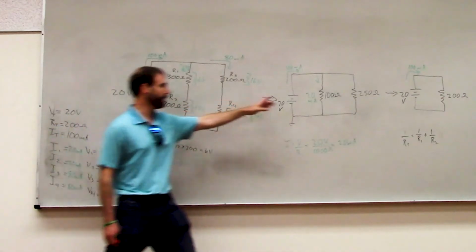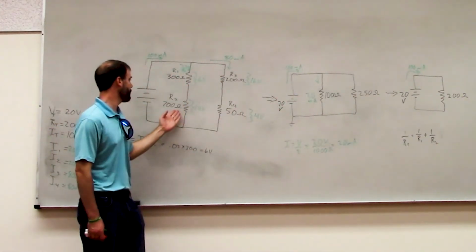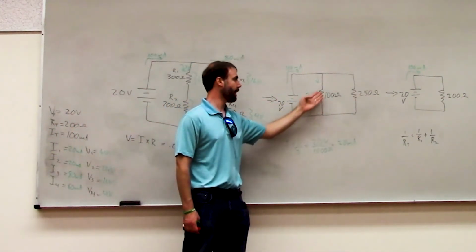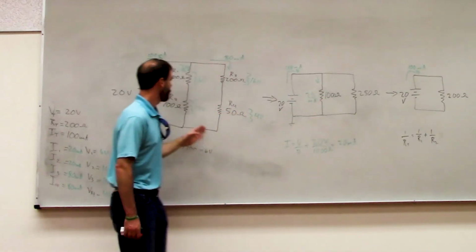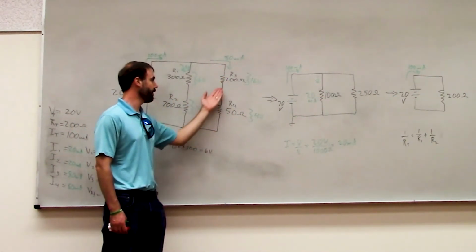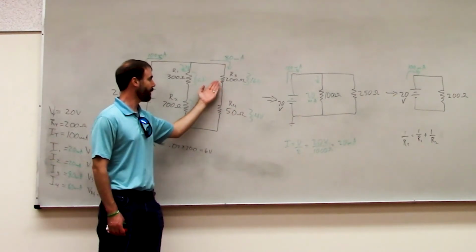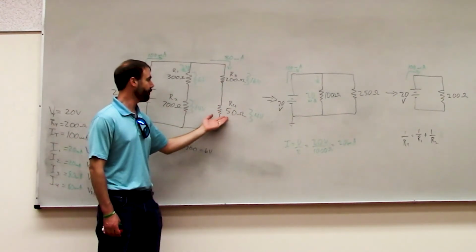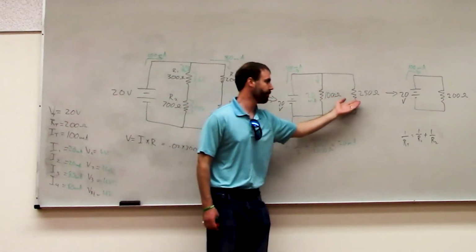So that's what we did here. We added 300 and 700 to get 1,000 ohms there. Similarly, this right-hand branch of the circuit had 2 resistors in series, so we simplified that branch by adding 200 and 50 ohms together to get 250 total.